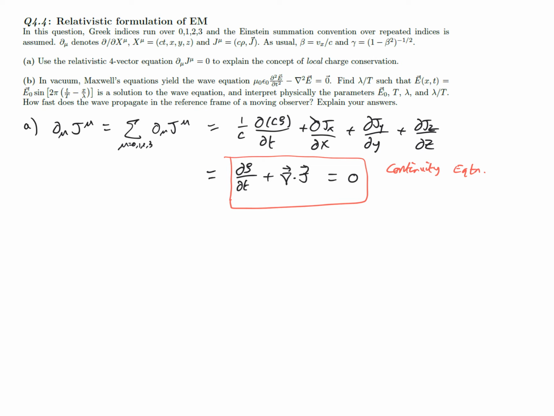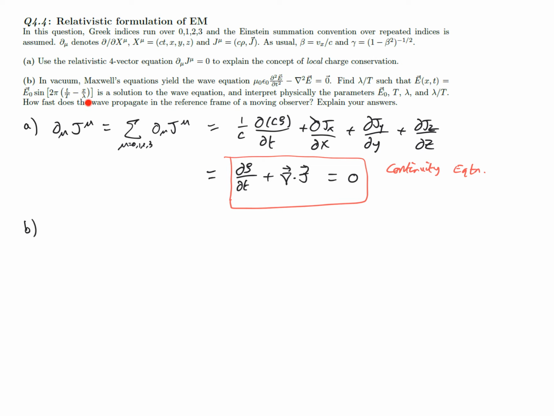Okay, so part B is a bit of a different question. It's about electromagnetic waves, and at the end we have this question about relativity. So we have this equation given for the electromagnetic waves. This is the electric part of the electromagnetic waves, given here as a three-dimensional wave equation, and we're given a trial solution, which is this electric field given by this expression.